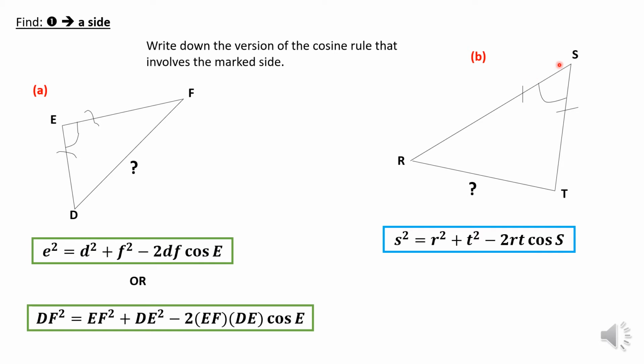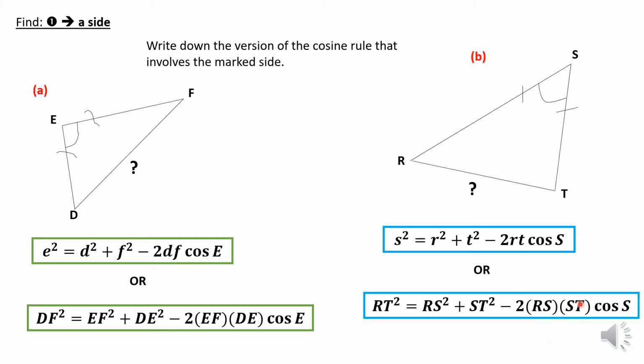Remember, I said small letter, obviously opposite that particular vertex. r squared, small one here, plus t squared, small one of that side. I hope you can get that. Or you could also use the capital letters as I did here. RT squared is equal to RS squared plus ST squared minus 2 times RS times ST times the cosine of that angle that you are given.